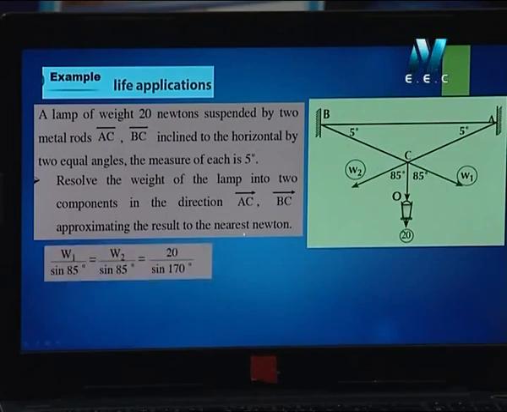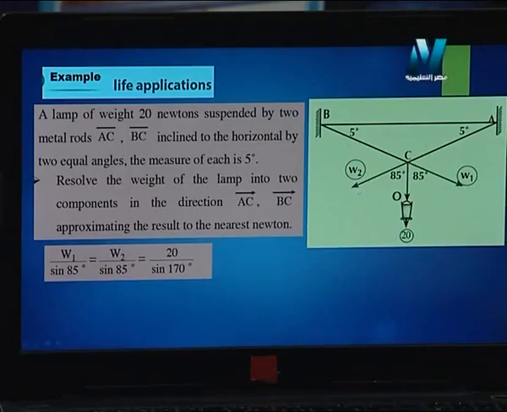We will apply this rule: W1 over sine 85 equals W2 over sine 85 equals 20, which is R, the resultant force. We would like to resolve it into W1 and W2.